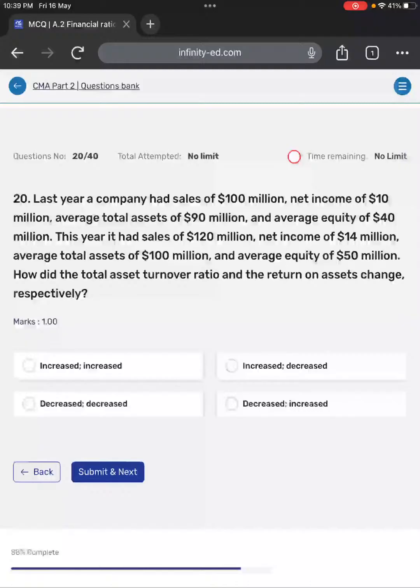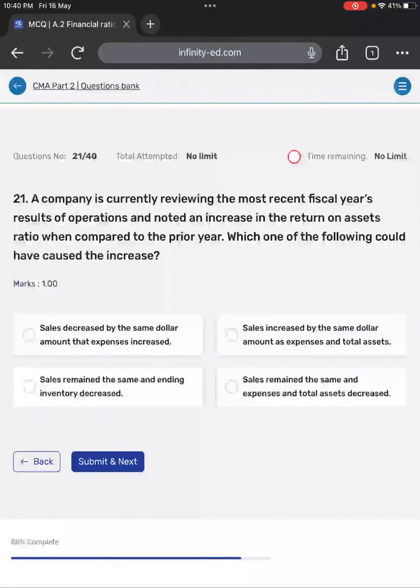Increase. Okay, and based on the options, which one is increase, decrease? Correct answer: both increase. Option A. Okay, now question number 21.